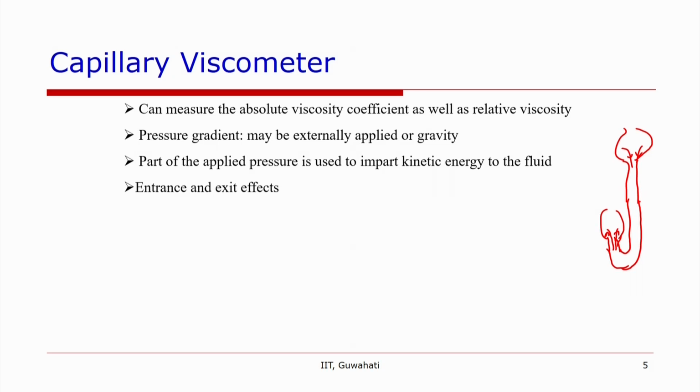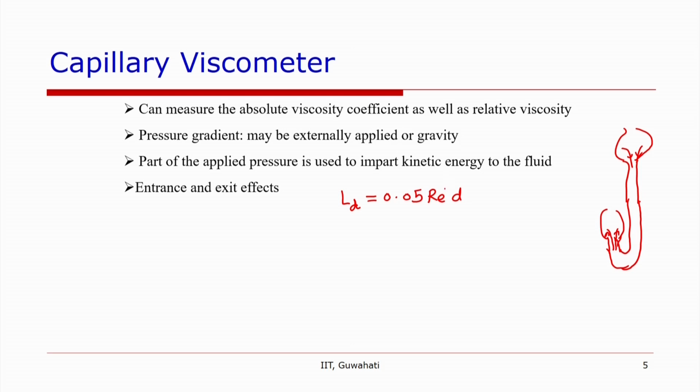We have not discussed this in the previous class, but one useful relation that you probably would have studied in your undergraduate fluid mechanics course is that for developing flow in a channel, the development length required for the flow to become fully developed is equal to 0.05 Re times the diameter of the channel.